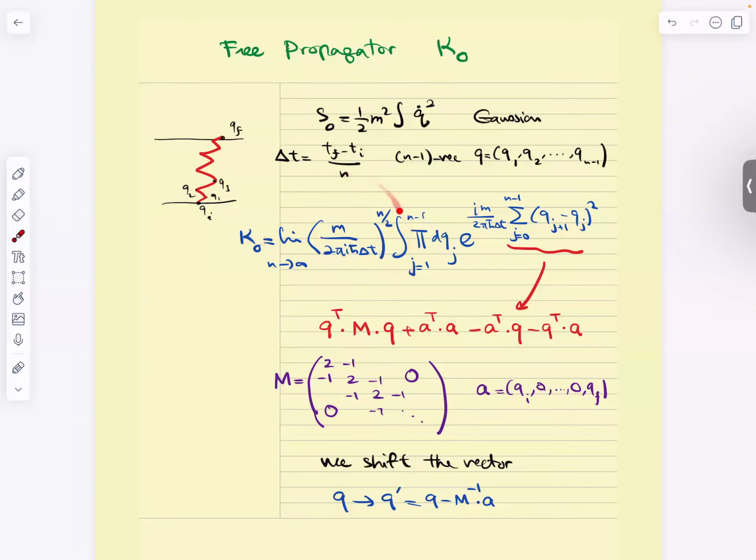Here's the expression that we got by performing the p part of the path integral. I've already done that part. This is that awfully divergent thing that I'll just refer to as sigma over and over again. Now you have an integral over dq_j, j from 1 to n minus 1, corresponding to these integrals.